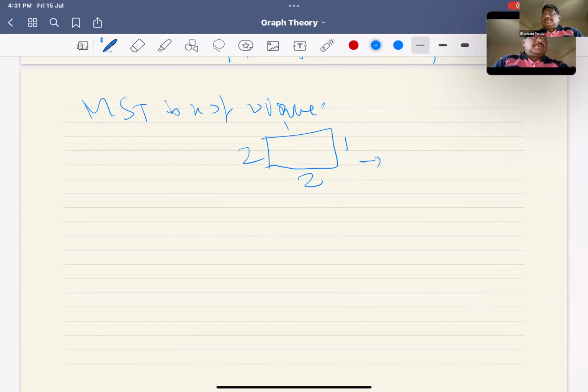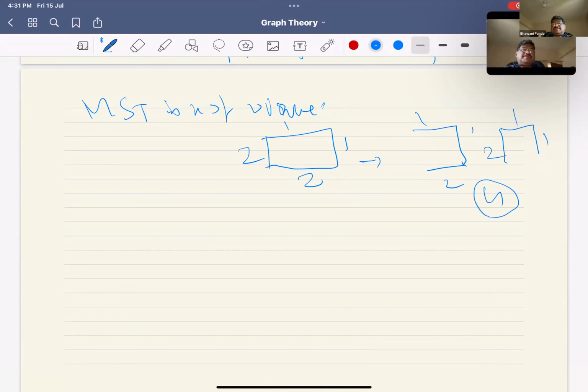The minimum weight is 4, and that you need to find out.